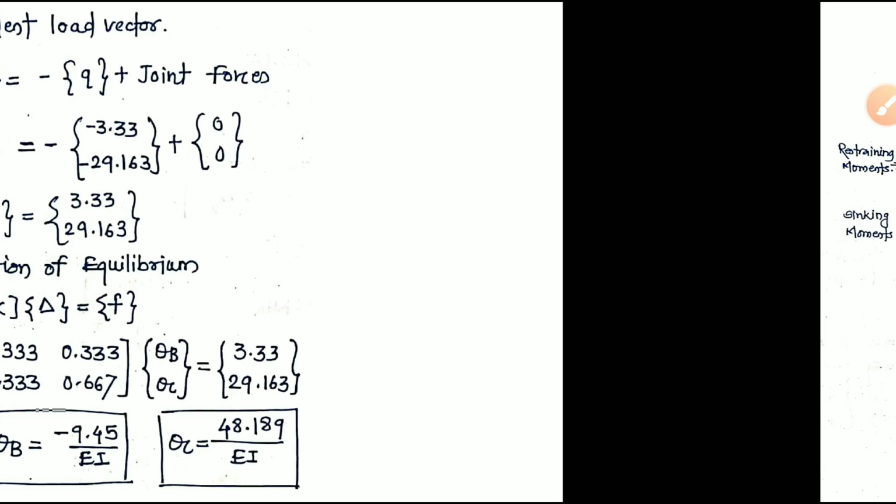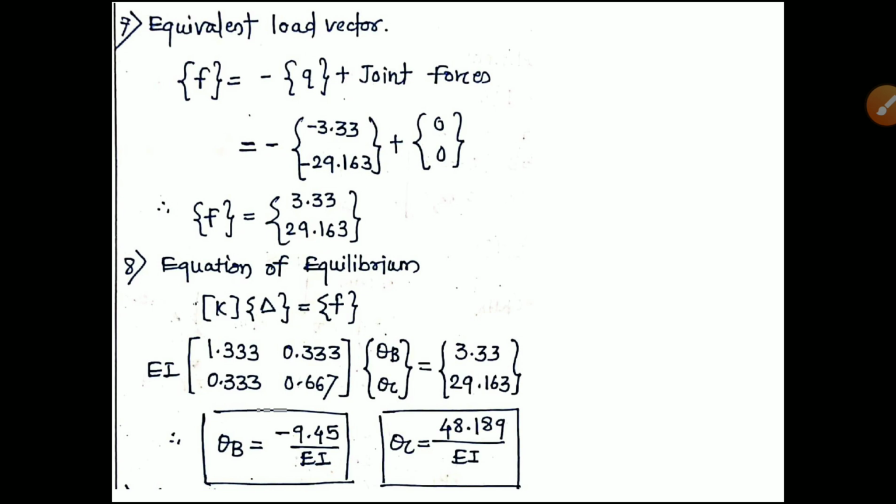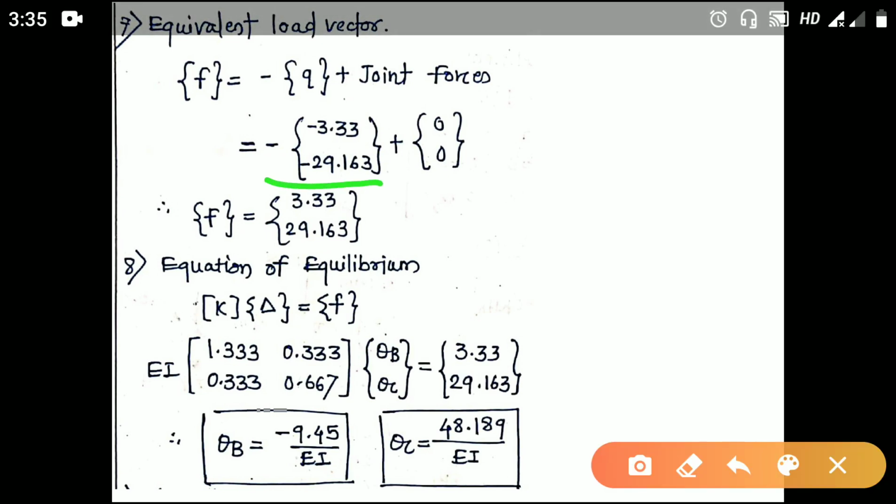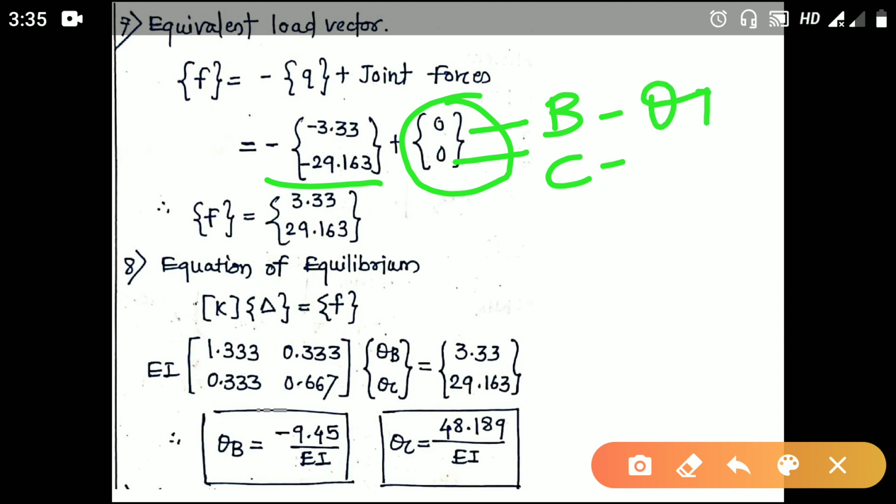After this, calculate the equivalent load vector, which is F equal to minus Q plus joint forces, where Q is the matrix that you got in the previous step. The joint forces are at the B support and at the C support. At B support the unknown is theta B, that is number 4, and at C support the unknown is theta C, number 6.